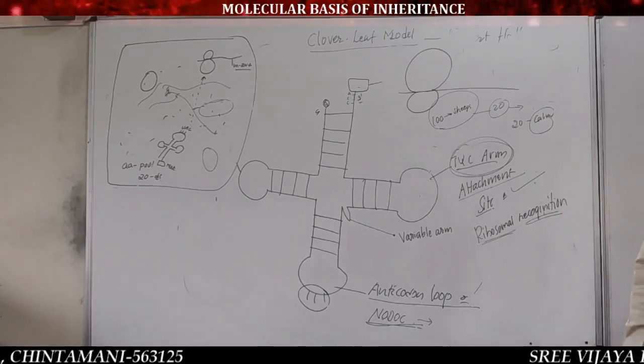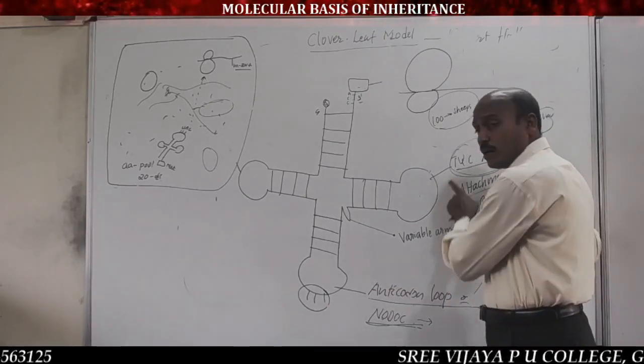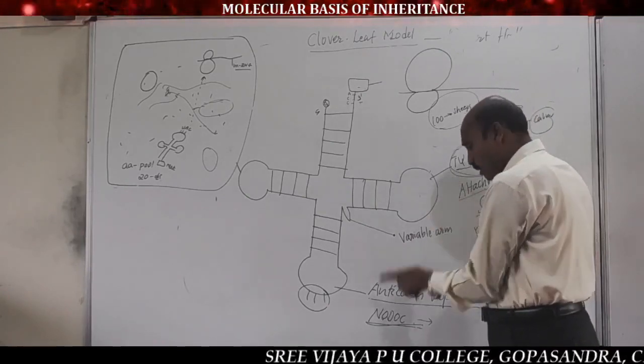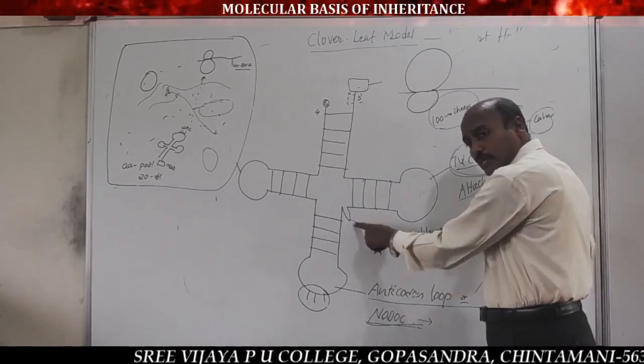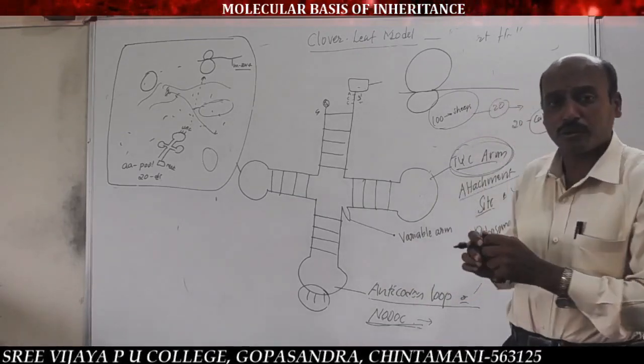Do you remember this statement? In between the anticodon loop and the T-psi loop, the extra loop is called the variable loop.